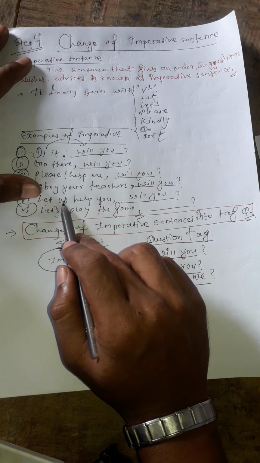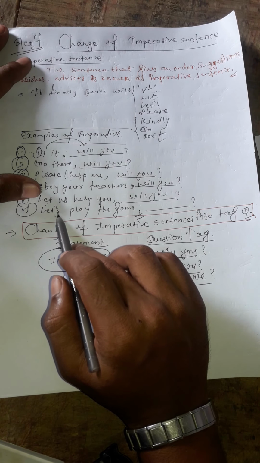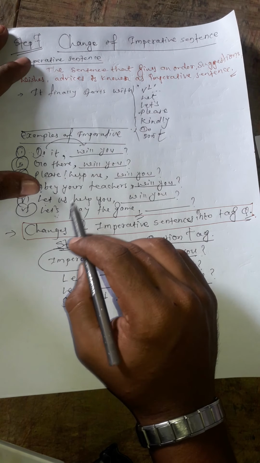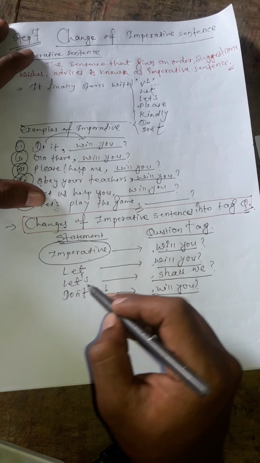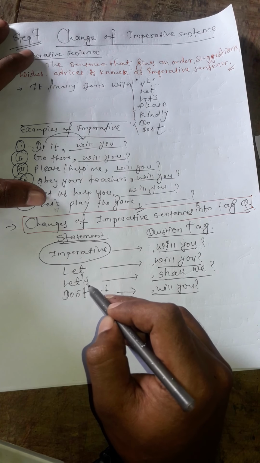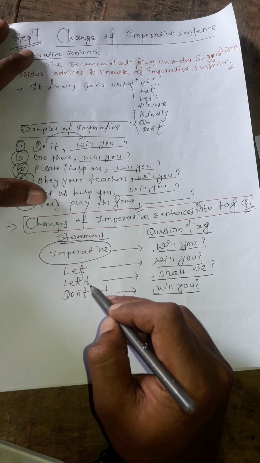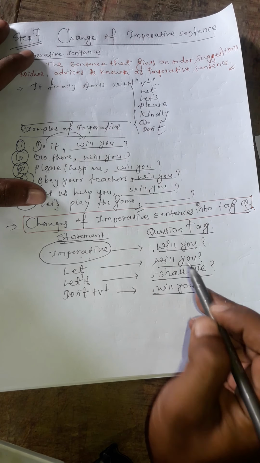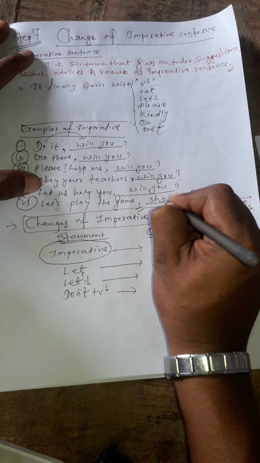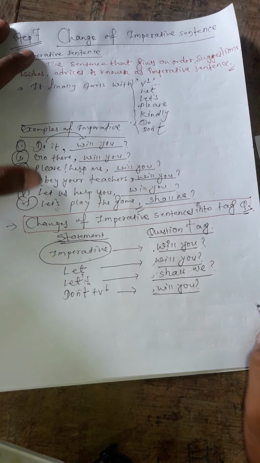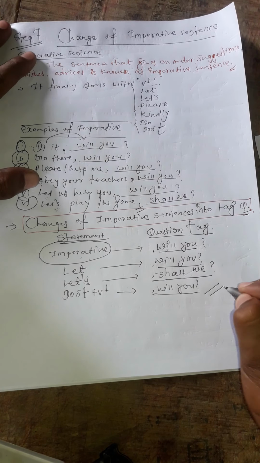You learn that let us is only pronounced let's. And if there is let's in the imperative sentence at the first, then write shall we. It is very easy.